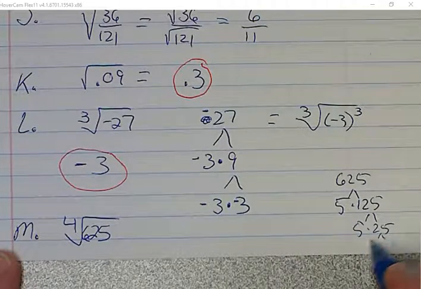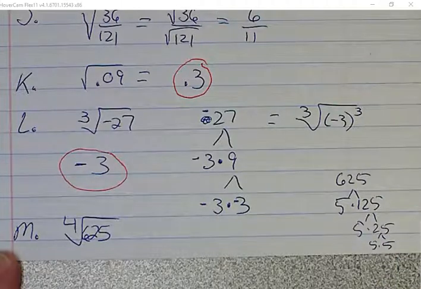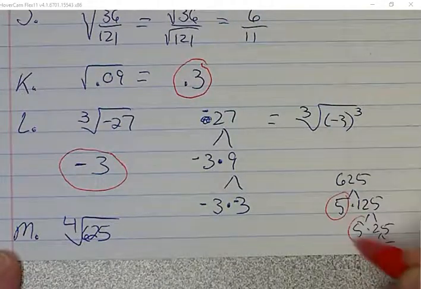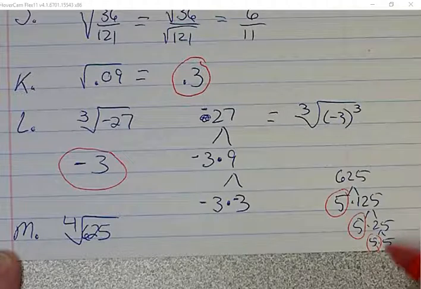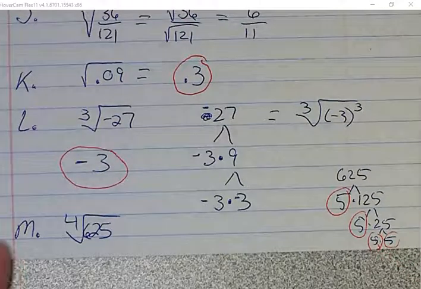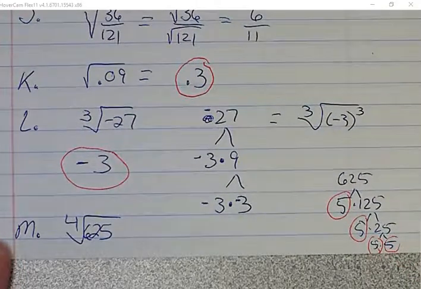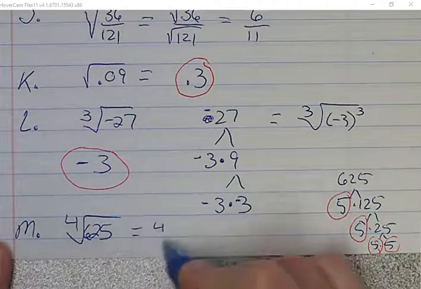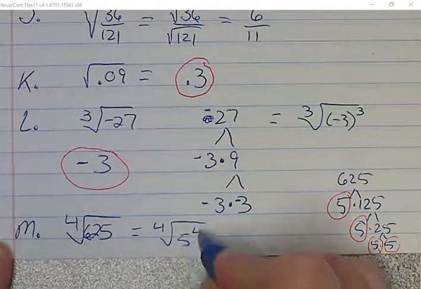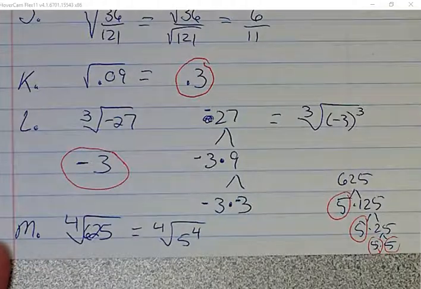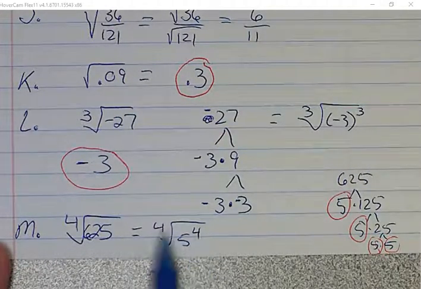And of course 25 is 5 times 5. So if we take the 5s and break them down, we have 5 to the 4th power. Again, the 4th power, 4th index, those two things cancel each other out.